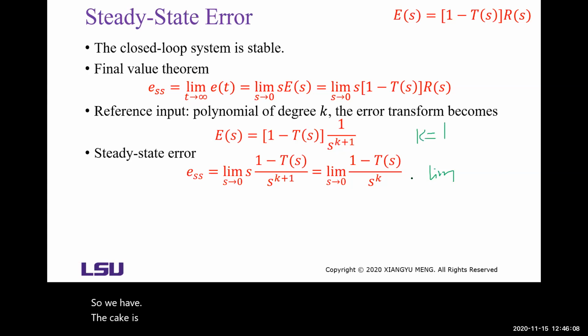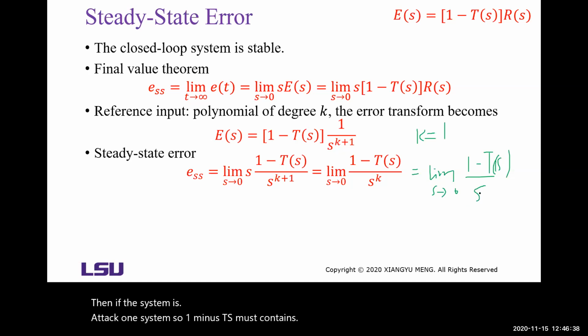It's a ramp signal, and we have (1 minus T(s)) over s. If the system is a type 1 system, then 1 minus T(s) must contain s.